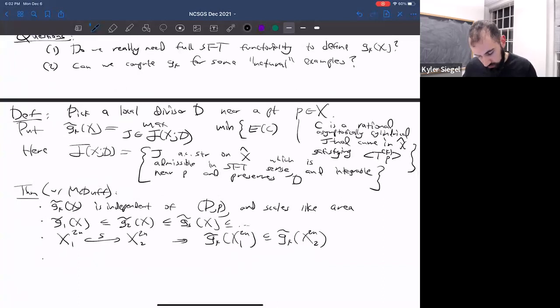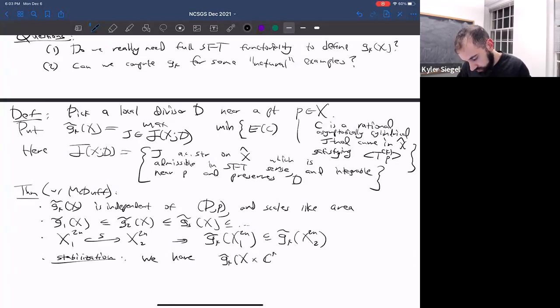And then finally, the most non-trivial property, which is also the most delicate, is stabilization. So ideally, I'd like to say that if you just multiply X with C to the N, the value doesn't change.